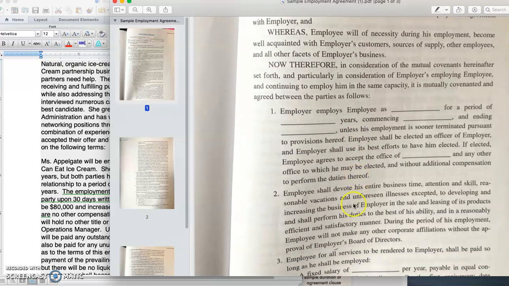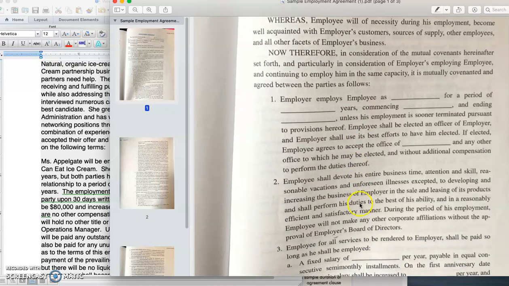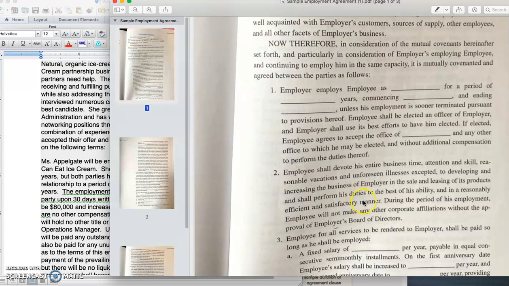Then you would be using this template to go down to your second paragraph. This is all good and relevant. This is good contract language that you want to include. Employee shall devote, but you're going to write her entire business time, attention and skill, reasonable vacations and unforeseen illnesses excepted, right? So she can go on vacation, she can get sick, that's okay.